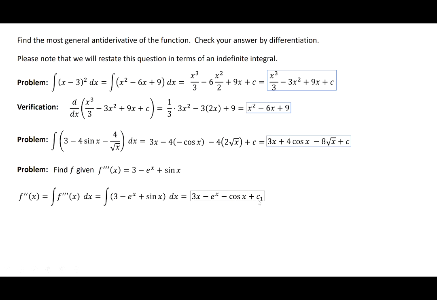C, c1, c2, c3, c0. They are all equally arbitrary constants. In fact, you will see why I chose to call this c1. Pause the video if you need to. And can you anticipate why I might have called this c1?